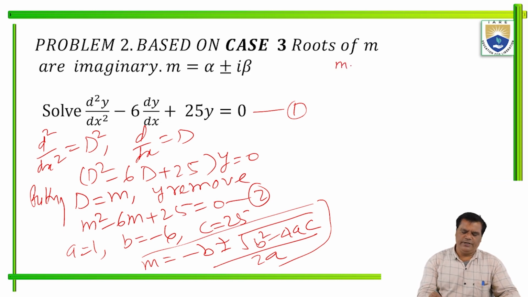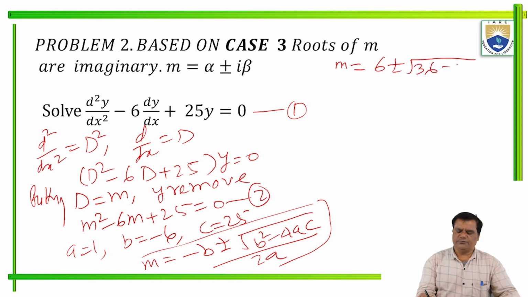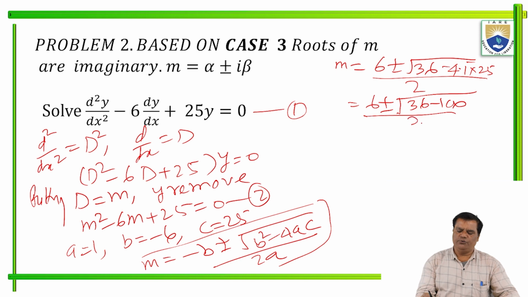So m = (6 ± √(36 − 4·1·25)) / 2, which is (6 ± √(36 − 100)) / 2, so (6 ± √(−64)) / 2. So here is (6 ± 8i) / 2.